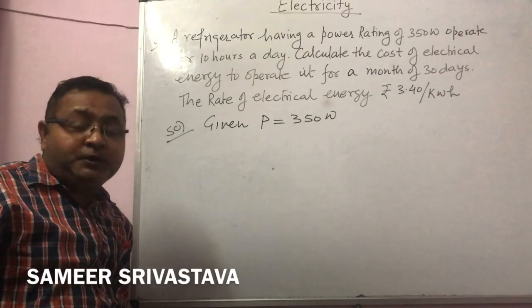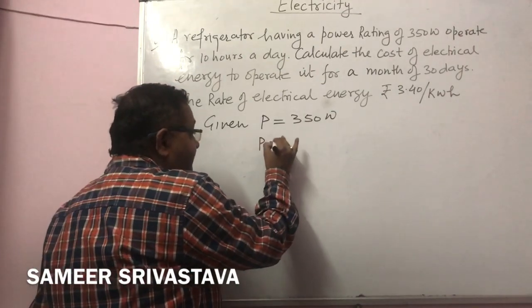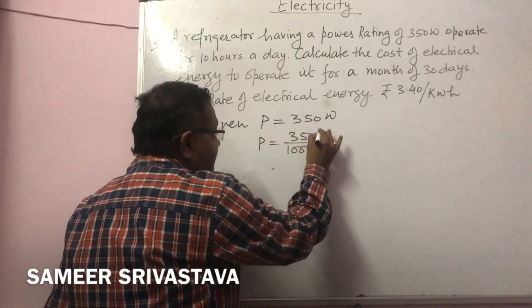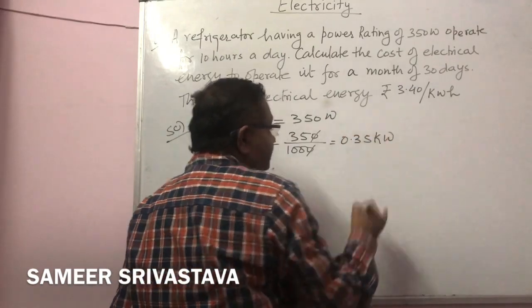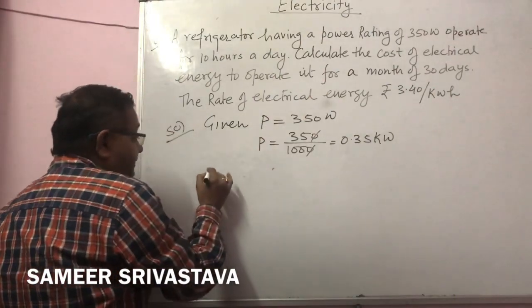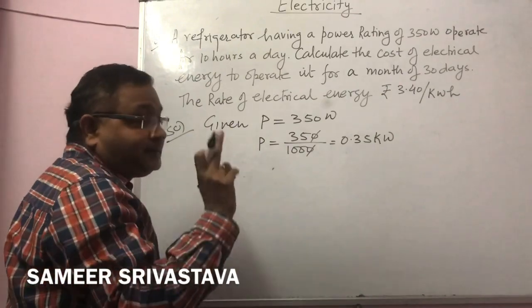As we all know, the commercial unit is kilowatt hour, so first of all we convert this power into kilowatt by dividing by 1000. Now it will be 0.35 kilowatt. Okay. Now a refrigerator operates 10 hours in a day.